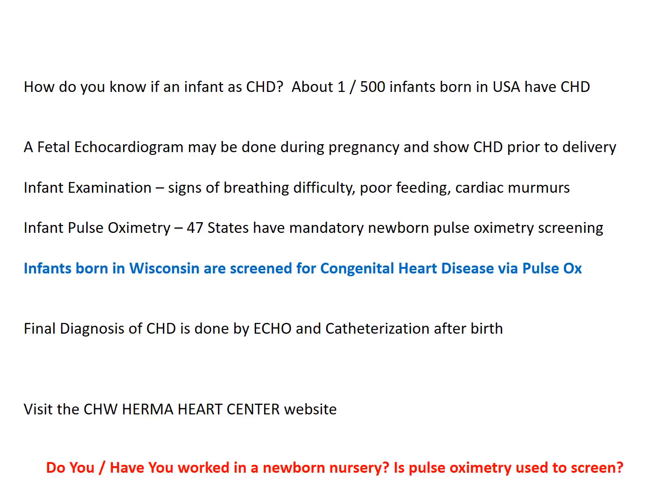And final diagnosis in terms of what the heart lesion is and how it's affecting that infant will be done through echocardiogram and cardiac catheterization done after that child's been born.